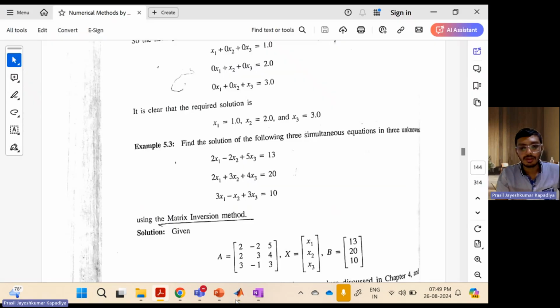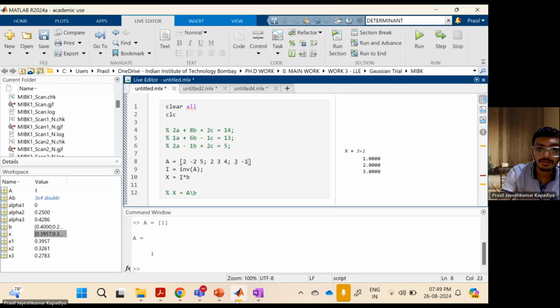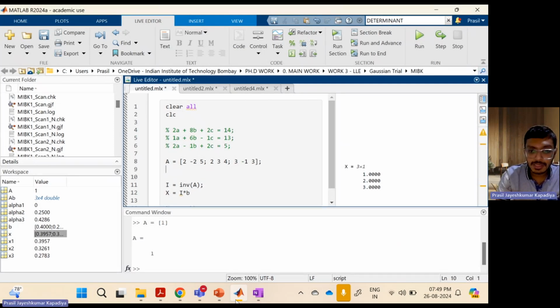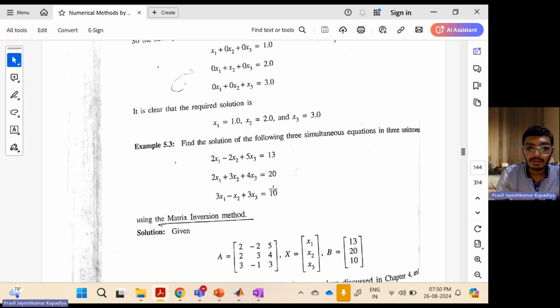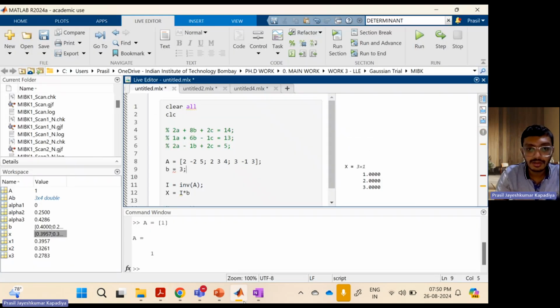My third equation 3, minus 1, 3. Okay. And my matrix B is equal to 13, 20, 10. Now I want to solve this using matrix inversion method.